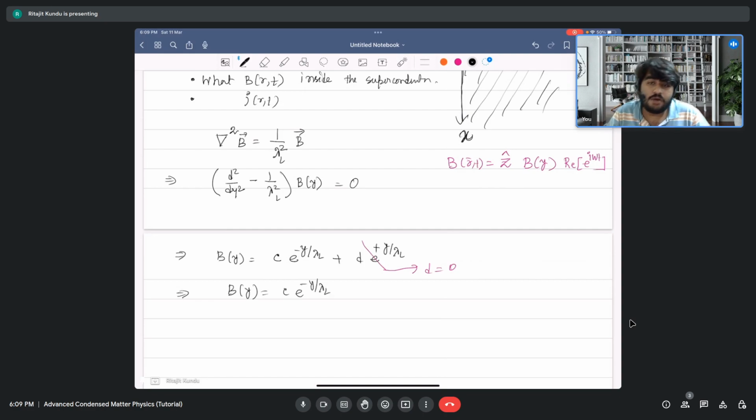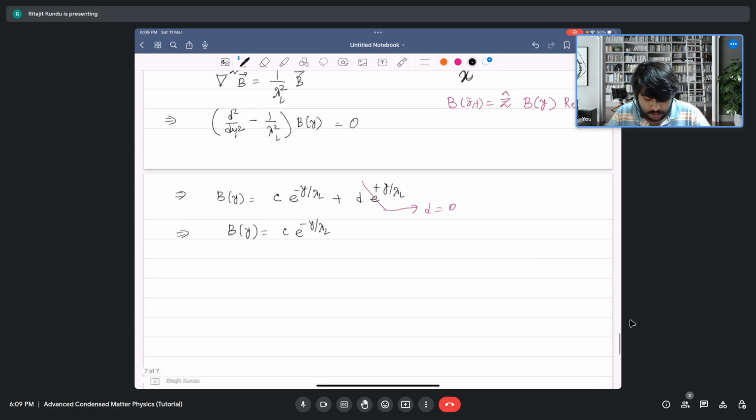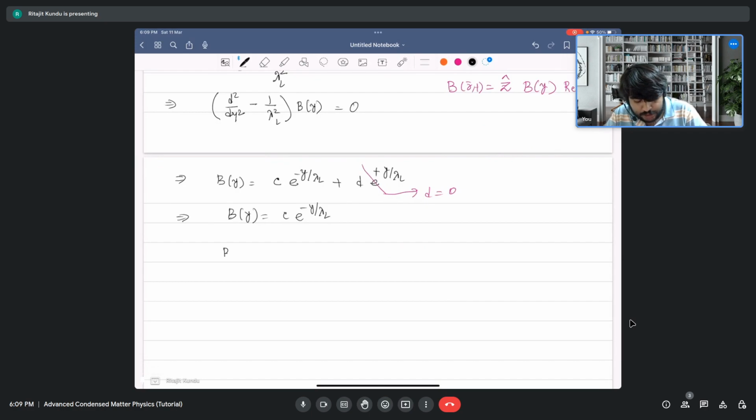Now I have to find the value of this constant C. I know that outside this superconductor the magnetic field is constant because I have applied it from outside. That is my choice, I have chosen it to be constant.